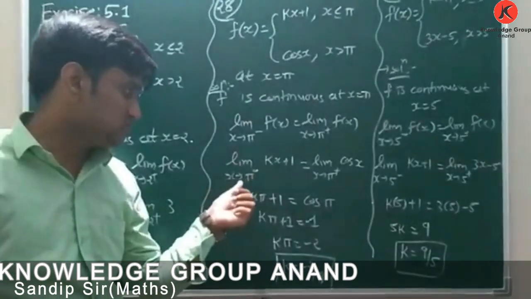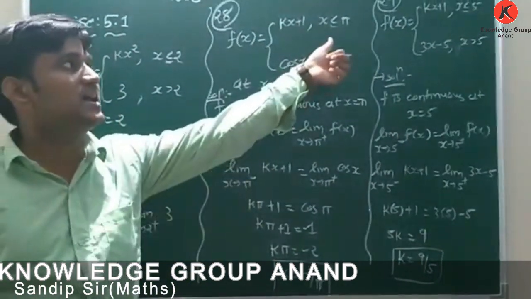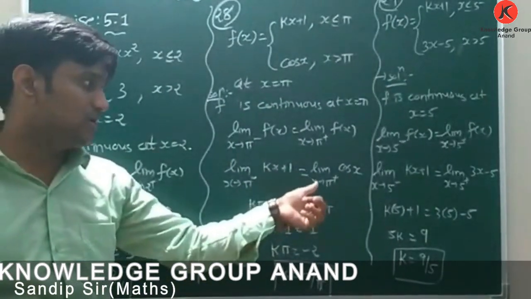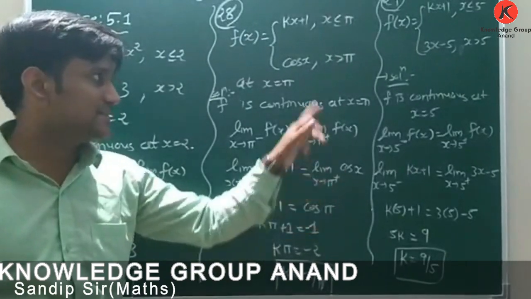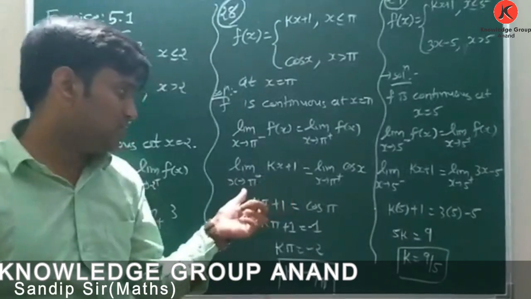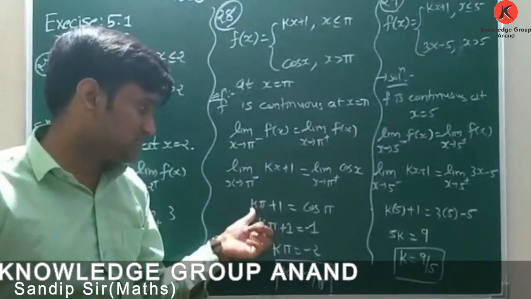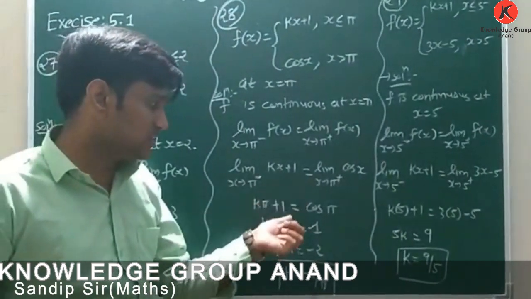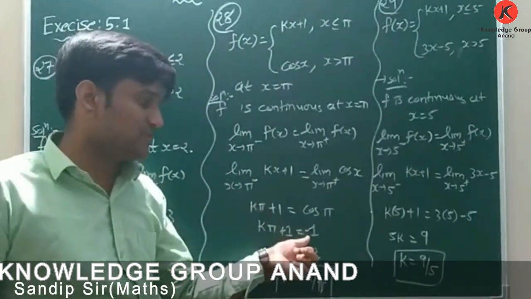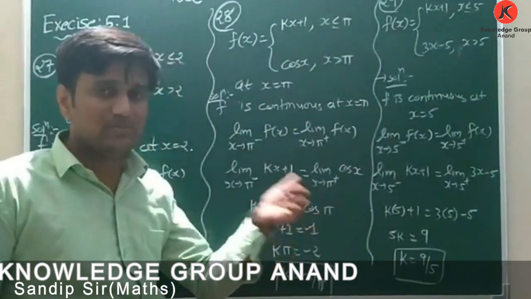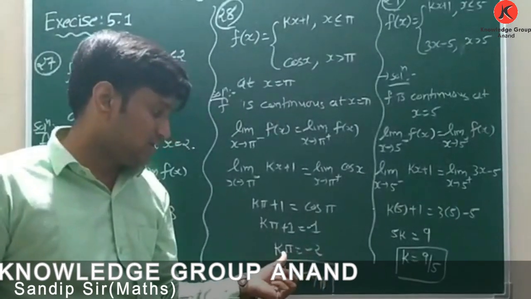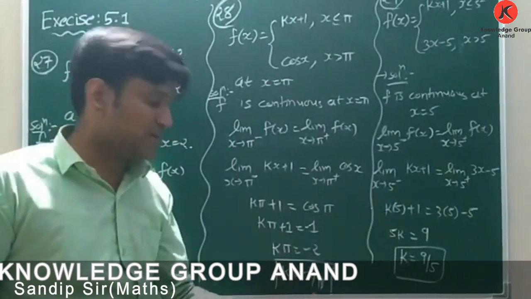For x slightly less than pi the function is kx plus 1, and that equals the limit for x slightly greater than pi, that means cos x. Putting x equal to pi, k into pi plus 1 is equal to cos pi. The value of cos pi is -1, so taking the 1 to the other side, -1 minus 1 is -2.